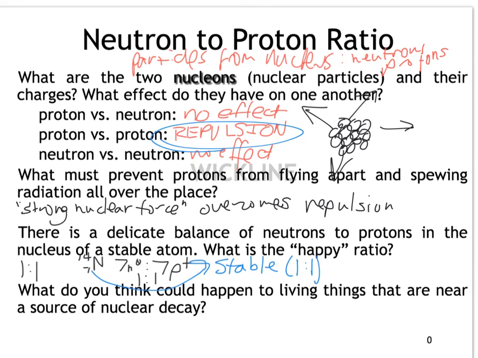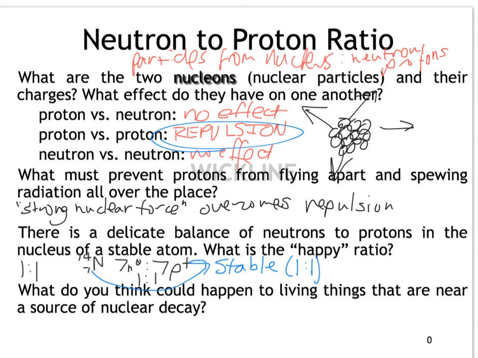The one exception that I need to mention is that the 1 to 1 ratio is a method for predicting stability for some elements, but there are many elements that it does not help to predict stability with. So all of the beginning elements can be predicted with this ratio.